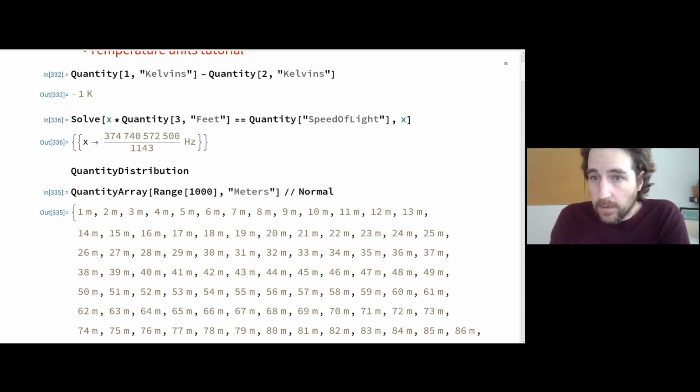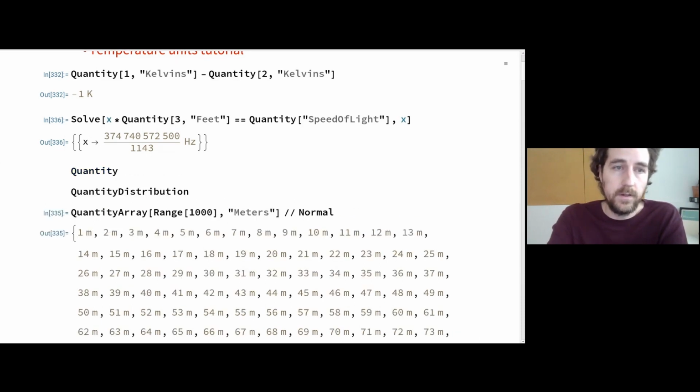Let's see examples of. I'm trying to remember what is a built-in unit that has a fractional exponent for powers. Let's say we can check actually.